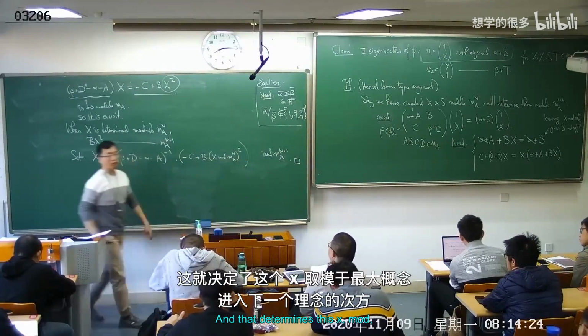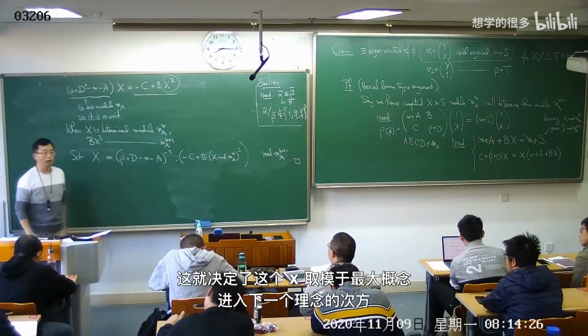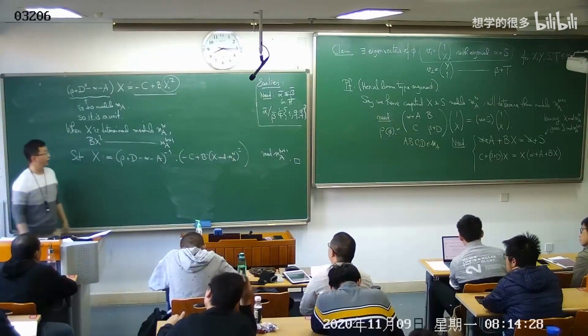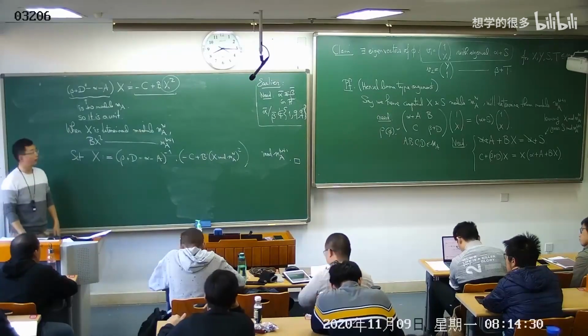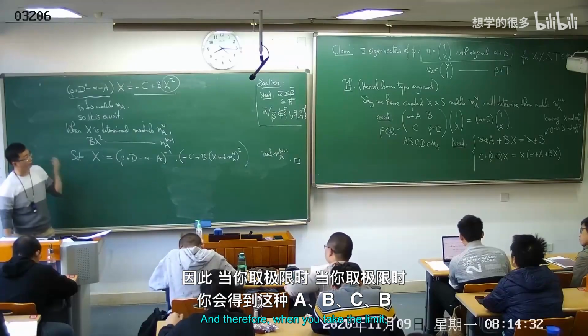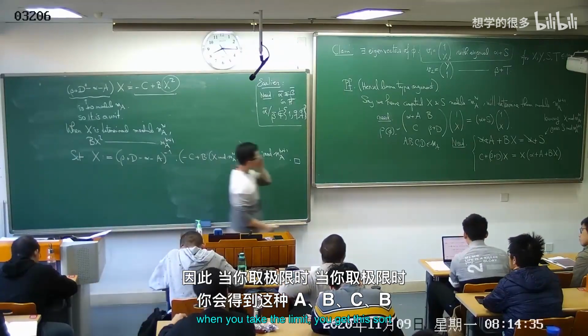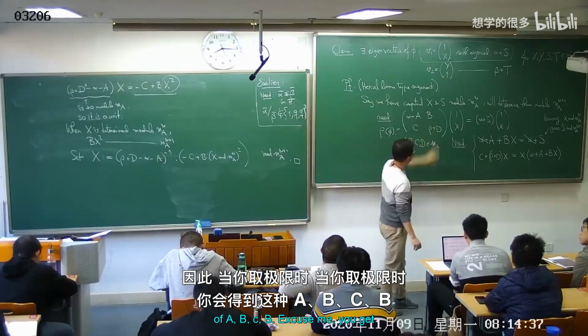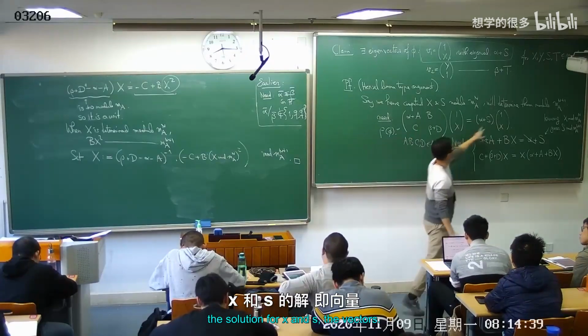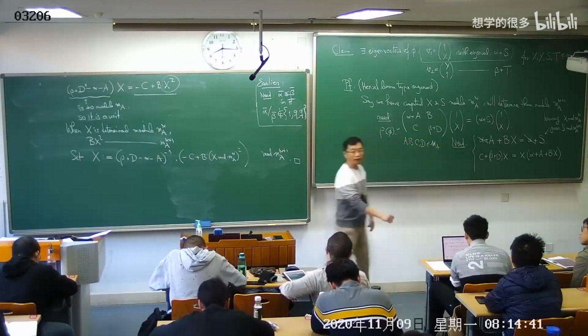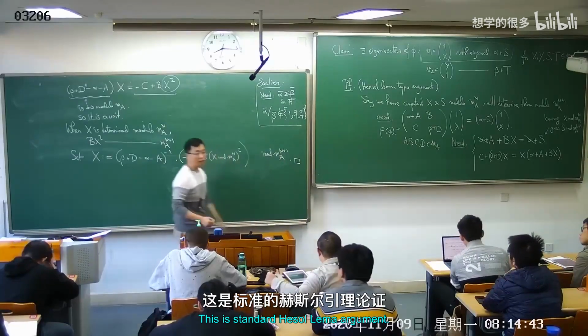That determines x modulo the maximal ideal to the next power, and you can iterate this step. Therefore, when you take the limit, you get the solutions for x and s, the eigenvectors. This is a standard Hensel lemma argument.